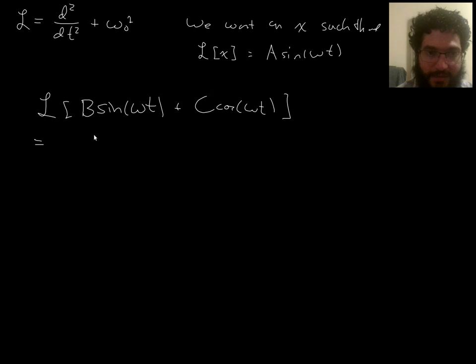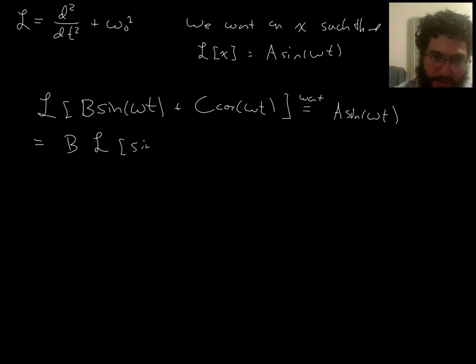I want this to be A sine omega t. What is it actually? Actually, it's L of B sine omega t. L is linear, so it distributes like this, right? Plus C L of cosine omega t.